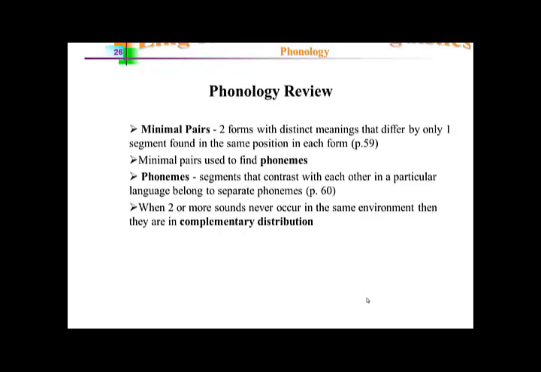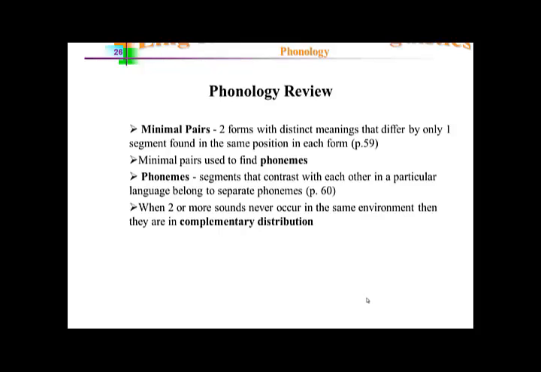Then you should start to look for systematic ways in which those two sounds are distributed. The most common way to find that kind of systematic distribution is to look for complementary distribution. If you can find predictable environments within which certain sounds are consistently produced and other sounds are never produced, then you have a really good case for an allophonic relationship between those sounds.